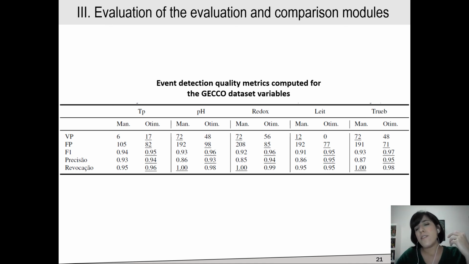Even so, the quantitative assessment of event detections using quality metrics may perhaps be insufficient to understand the actual potential of a detection method. In this case, qualitative evaluation by graphical visualization can contribute, bringing a different and complementary perspective.